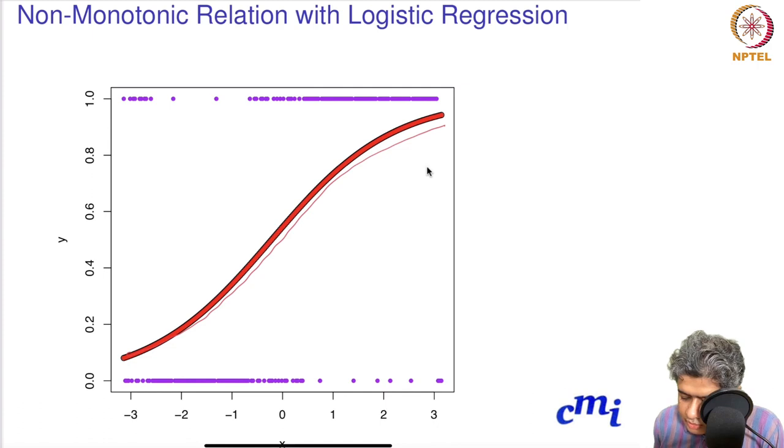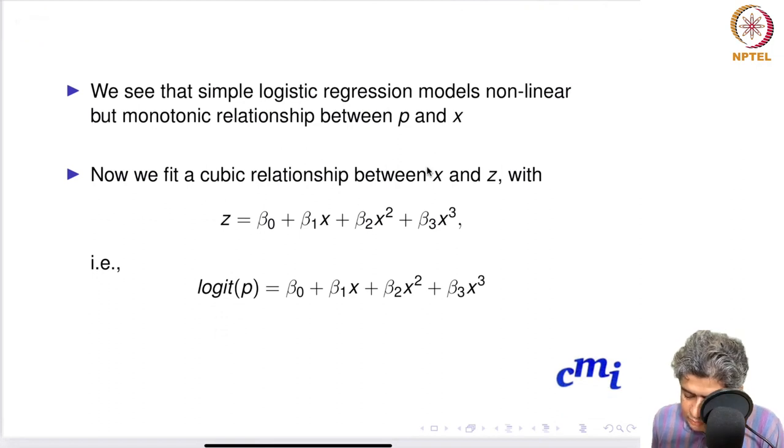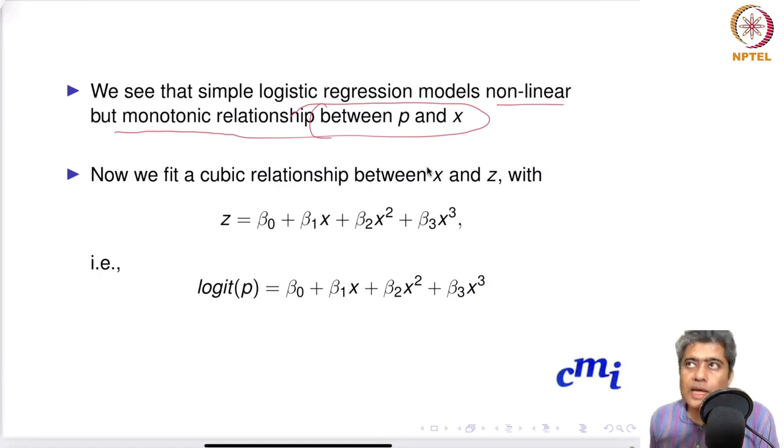It gives you a monotonic relationship, though we know we have quite a few points here and the underlying relationship is very non-linear. So we see that simple logistic regression models a non-linear but monotonic relationship between P and X, even if the relationship between X and Z has a non-monotonic behavior, like quadratic, cubic, or sinusoidal.